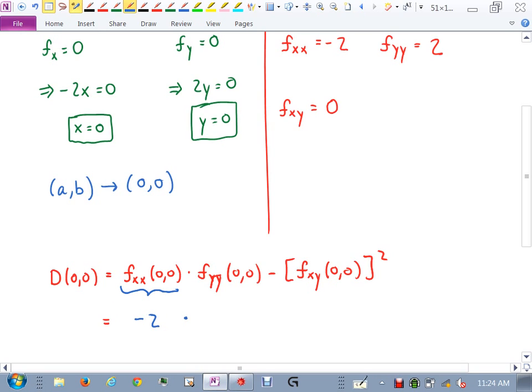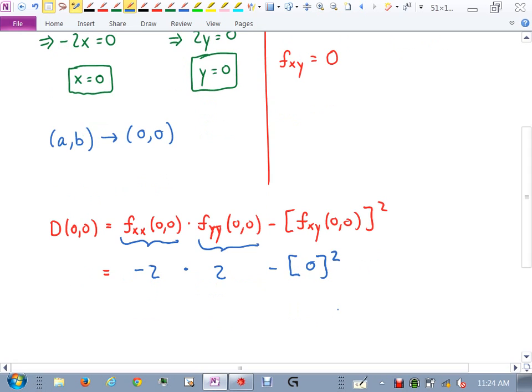Negative 2 times this one, 2, minus 0 squared is 0. 2 times negative 2 is negative 4, which is less than 0, right? Our D is less than 0. D is less than 0 means what? Saddle point. So we have a saddle point where? At the origin, right? At the origin.